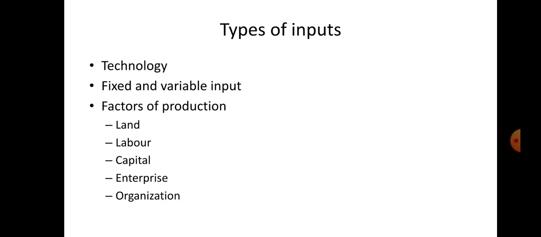Now let us understand what is a production function. It is the rate of output of a commodity functionally dependent on the quantity of inputs used per unit of time. That is, the technological physical relationship between inputs and outputs is referred to as a production function.